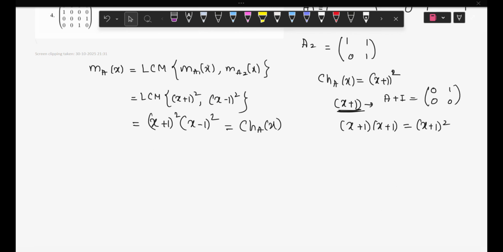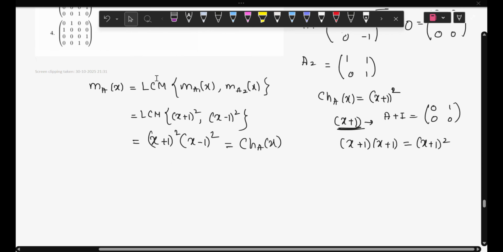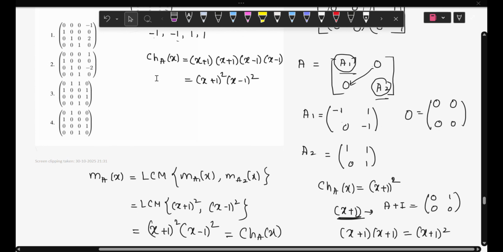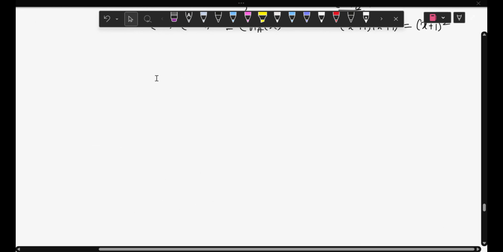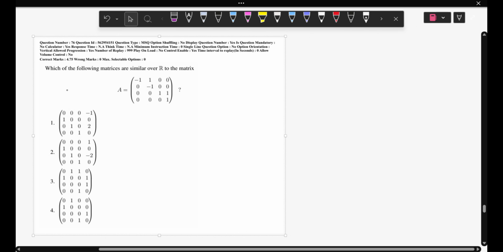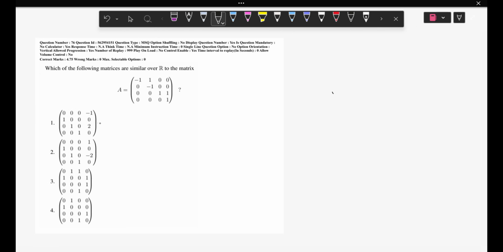Now let's check which of the given matrices has the same characteristic polynomial and minimal polynomial as the matrix A. So for that purpose, I'll jump first to option 1. For option 1, this is what our given matrix is. I'll calculate the minimal polynomial and characteristic polynomial of this given matrix.